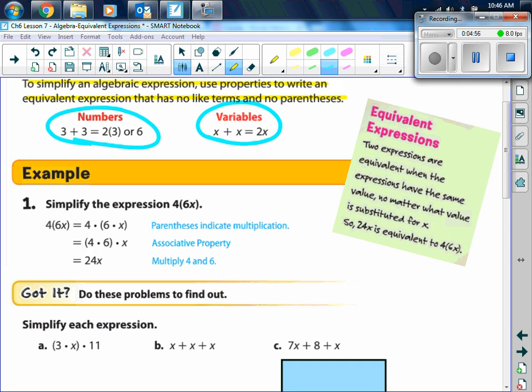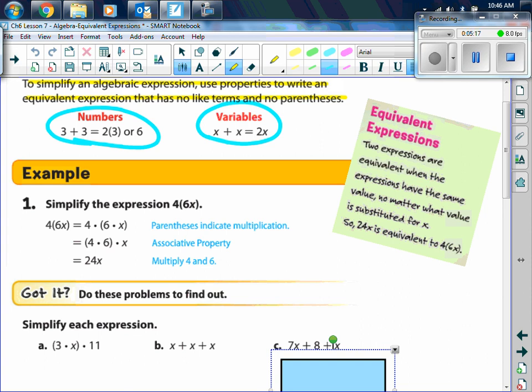Because we want to combine our like terms, we want to multiply the 4 and the 6. If I move my parentheses to the first two factors, then I can multiply the 4 and the 6. So 4 times 6 is 24, and we end up with 24x.